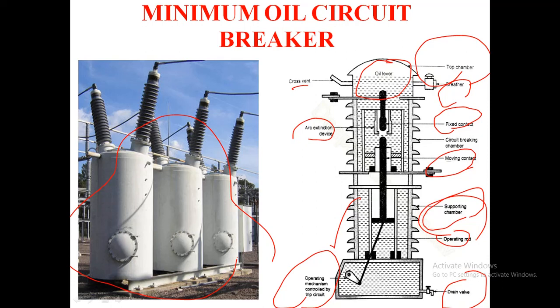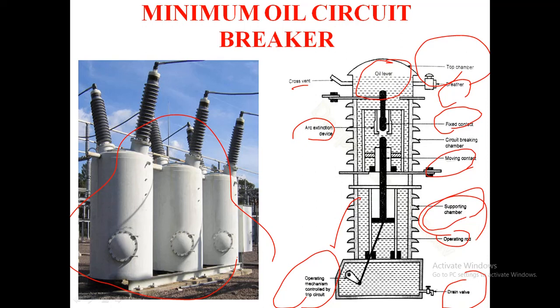The supporting chamber is the bottom chamber, mounted on a metal chamber filled with oil, separated from the oil in the circuit chamber. The oil inside the supporting chamber sits between the porcelain insulation and bakelite paper for insulation.